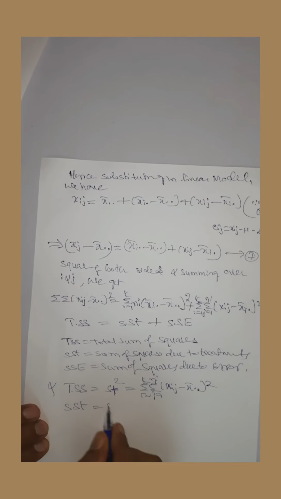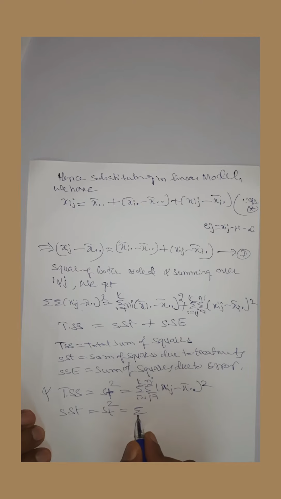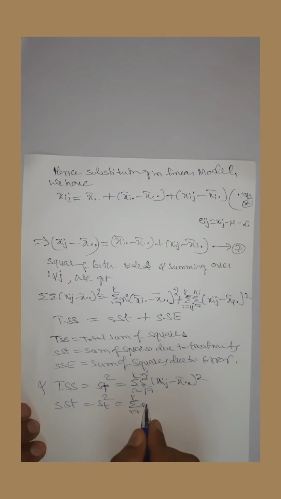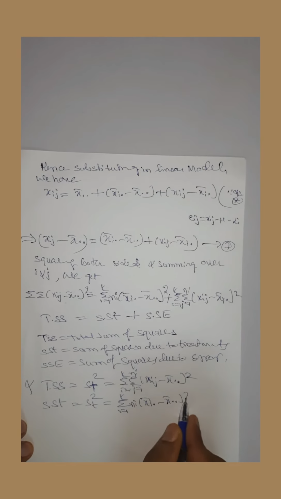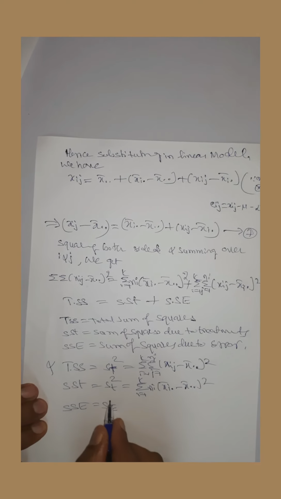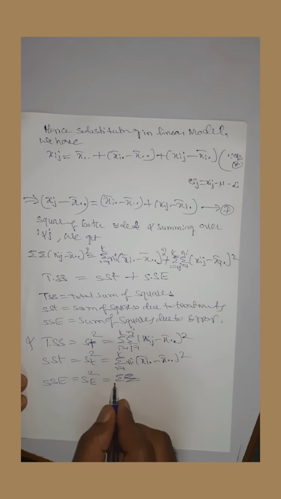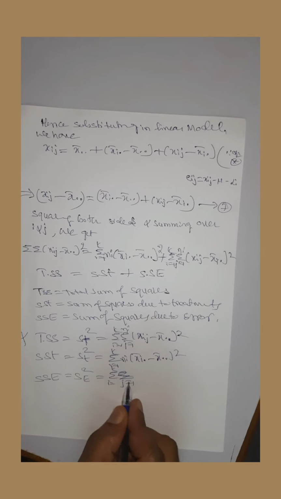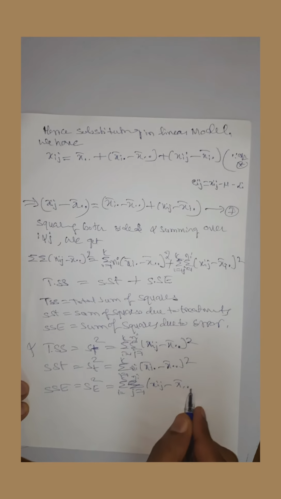SST is equal to summation i equals 1 to k ni into bracket x bar i dot minus x bar dot dot whole square. SSE is equal to double summation i equals 1 to k, j equals 1 to ni, xij minus x bar i dot whole square. Okay, thank you.